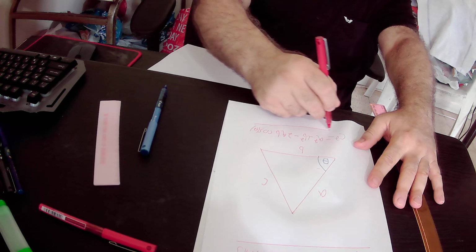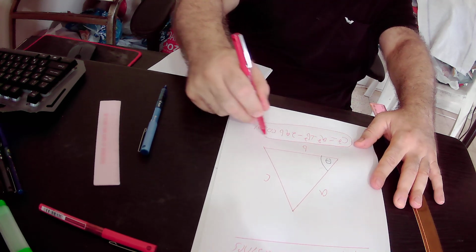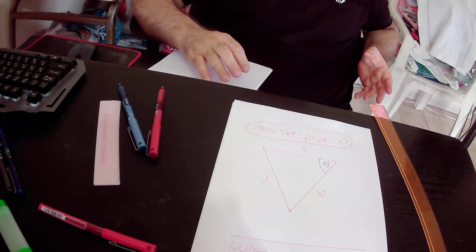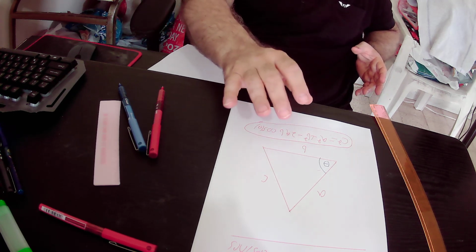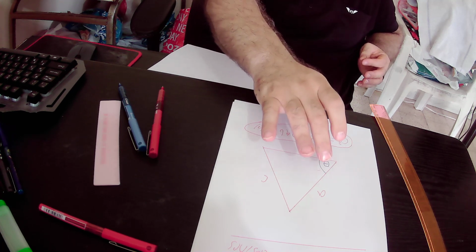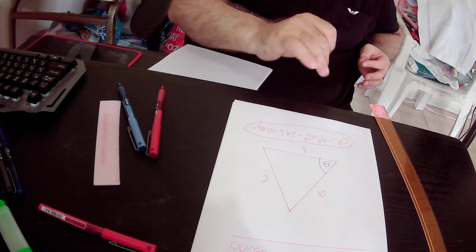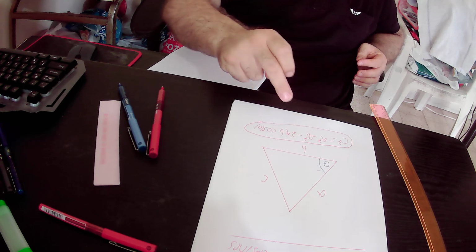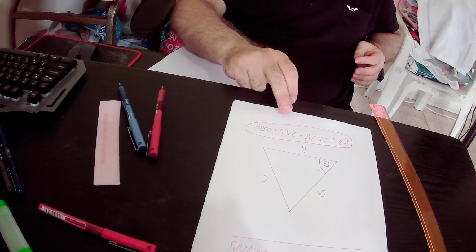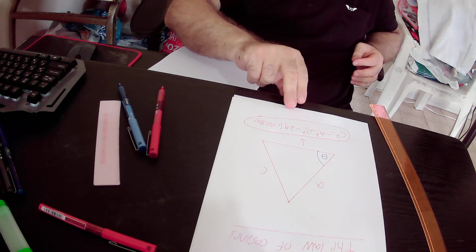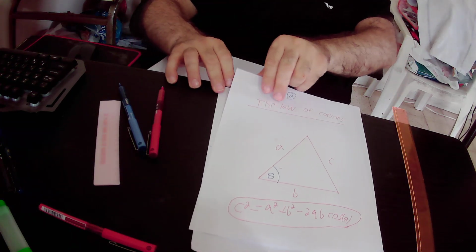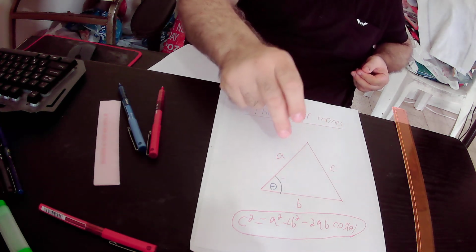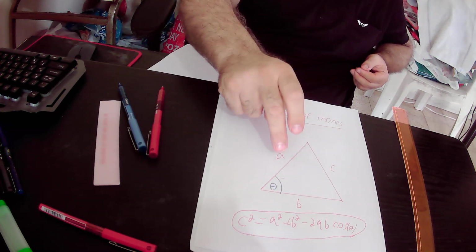Okay, so in any triangle we have the following relationship between the sides of the triangle and the angle between side A and side B. C squared equals A squared plus B squared minus 2 times A times B times cosine theta.